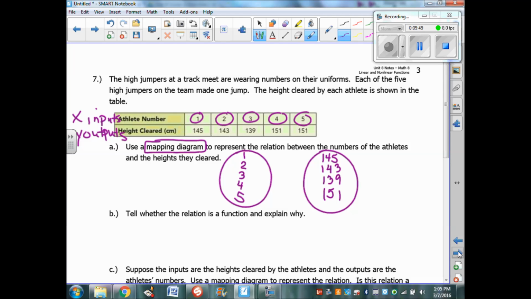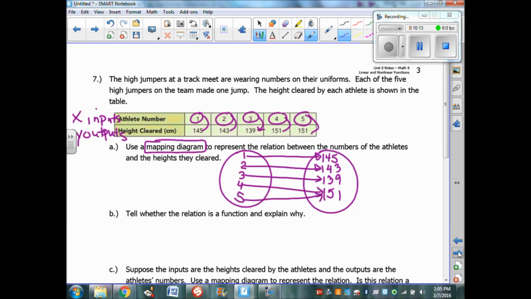Now 151 is twice, but I only need to list it once. So 1 goes to 145, so I'm going to draw that mapping line, and then 2 to 143, and then 3 goes to 139, and 4 to 151, and 5 also to 151.